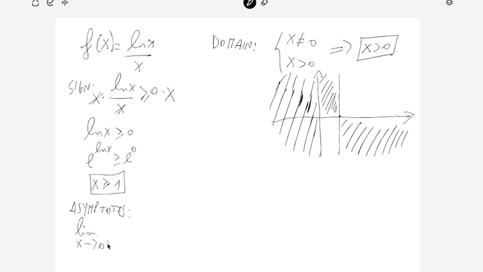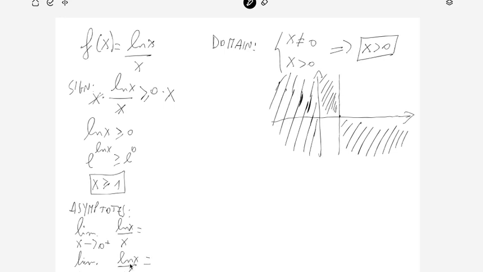I put just 0 plus because in 0 minus the function is not defined, because of the logarithm. And then the second limit is when x converges to plus infinity. Not minus infinity, because the function is not defined at minus infinity. So in this case I study just the limit at plus infinity.